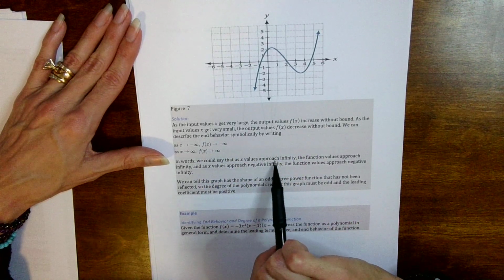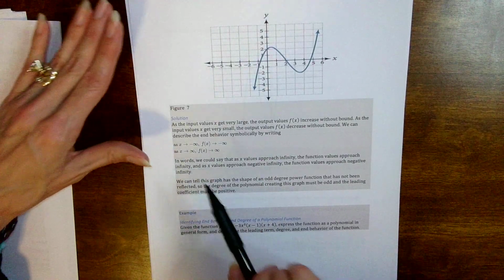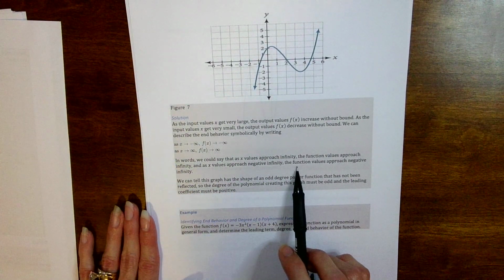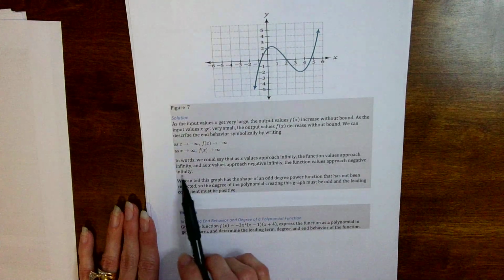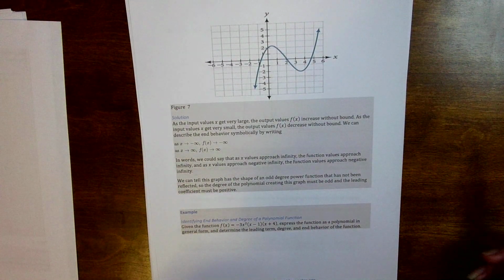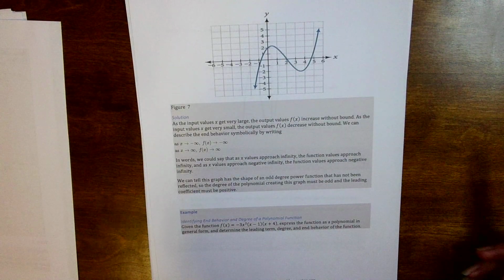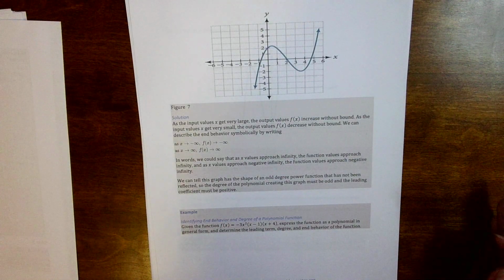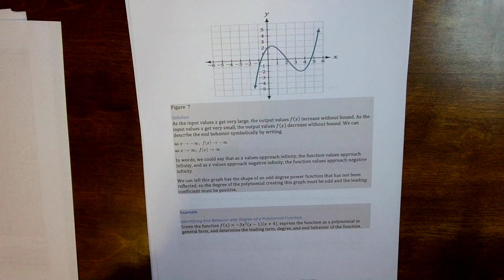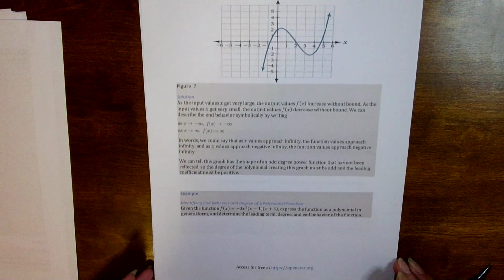So as x approaches infinity, the function values approach infinity, and as x values approach negative infinity, the function values approach negative infinity. This also has the shape of an odd degree power function that has not been reflected, so the degree of the polynomial creating this graph must be odd, and the leading coefficient must be positive. Whew, that was a mouthful. Okay.